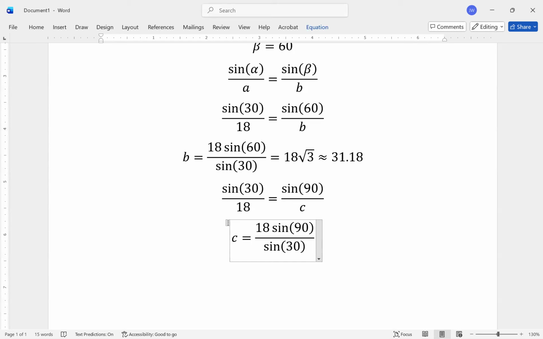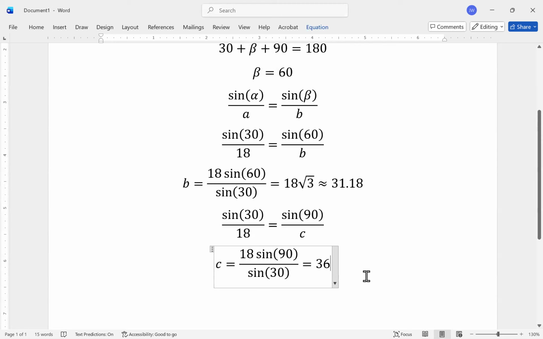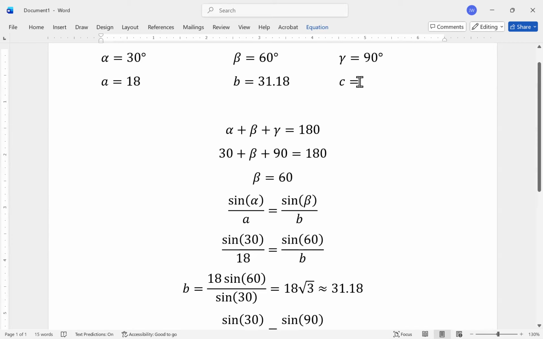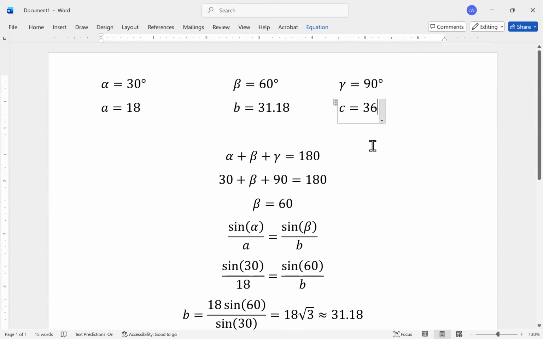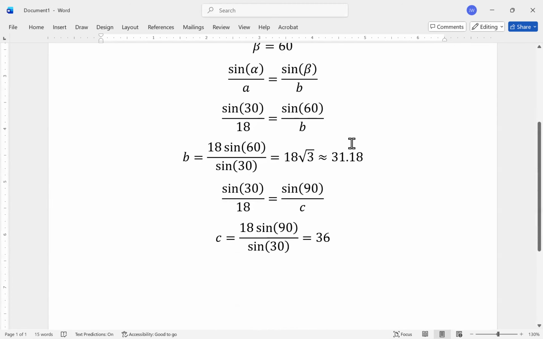So we're getting 18 times 1 divided by a half, which gives me 36. So the value of c is exactly 36. So that's how we could have solved this triangle using the law of sines.